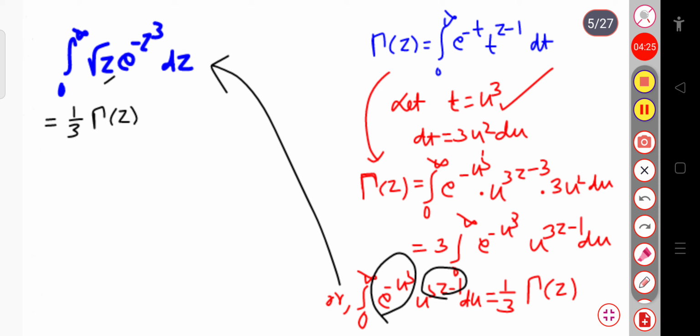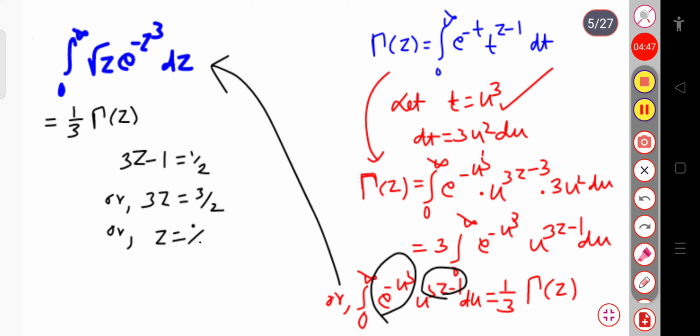So comparing, 3z minus 1 equal to 1 by 2, or 3z equal to 1 plus 1 by 2, that is 3 by 2. Or z equal to, 3 getting cancelled, 1 by 2. This is your z value.